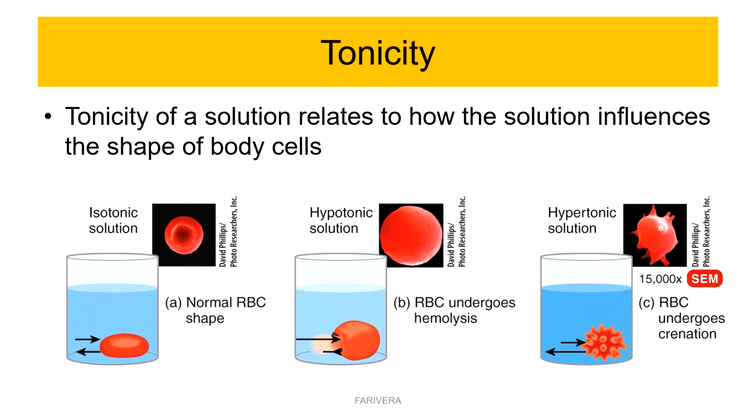Notice that the cell remains normal under one condition, swells under another, and shrinks under the third condition. These changes occur because of water movement. This concept is particularly important in nursing because the type of fluid surrounding the cell can affect cellular hydration.